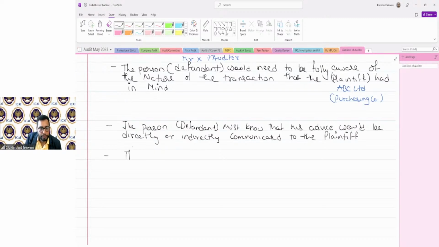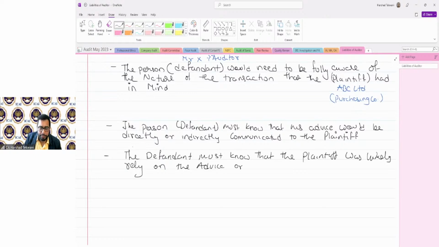So the defendant must know that the plaintiff was likely to rely on the advice, or information, in deciding on the transaction that plaintiff had in his mind. In our case, the transaction was purchase of goods from XYZ Limited.